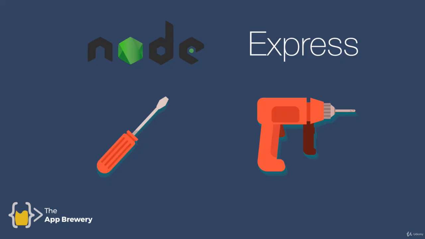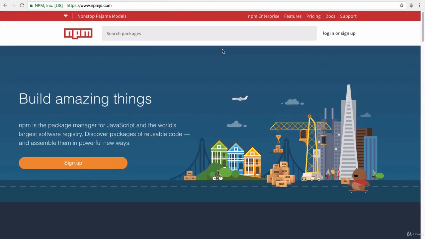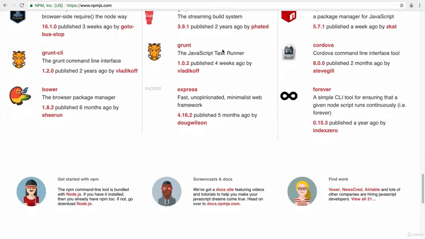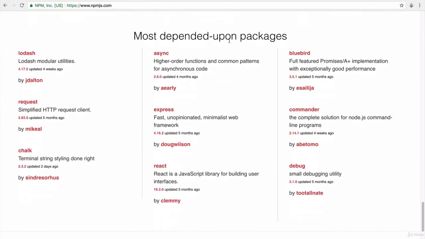So sometimes using Express versus using Node straight out of the box, you're saving yourself 5 to 10 times the amount of code that you have to write, and therefore a lot of time as well. And we programmers hate repetition, so Express is really, really popular. In fact, if you go onto npm.com and you scroll down, you'll see that the most depended upon packages include Express.